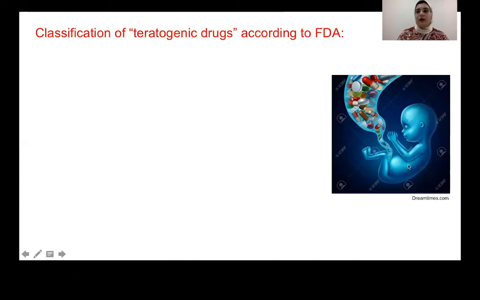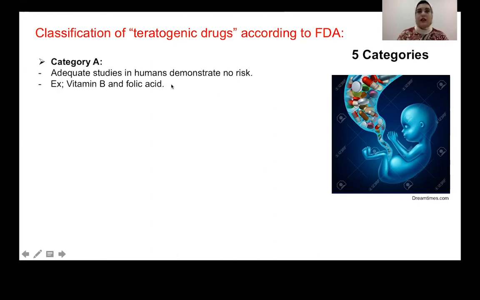So, because giving drugs to the mother is a major problem, the FDA has classified the teratogenic agents or the drugs into 5 categories. First, category A. These drugs had adequate studies in humans and it showed no risk of any teratogenicity.